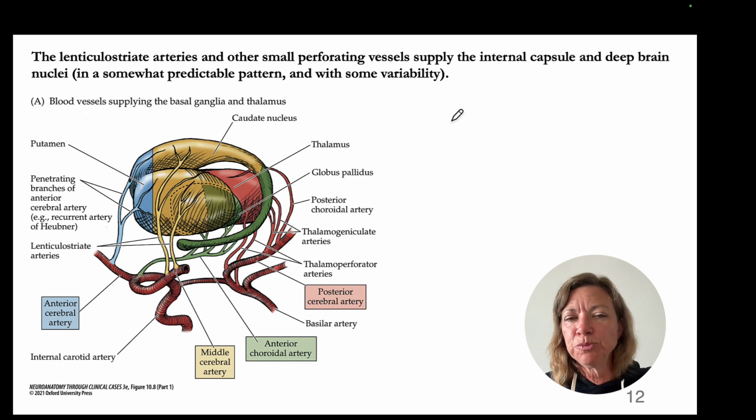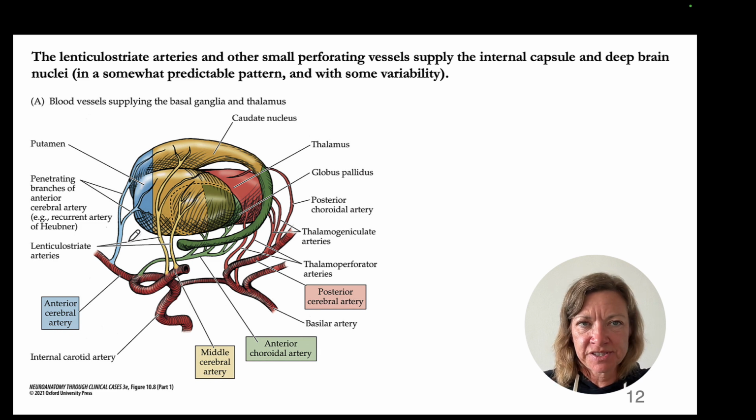In addition to the superficial branches of the major cerebral arteries that supply the cortex and the underlying white matter, we have deep or perforating branches that supply the internal capsule and the deep brain nuclei. Now, this blood supply occurs in a sort of predictable pattern, but there's certainly variability across individuals.